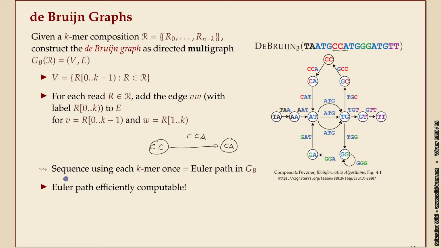Now, I should have asked you this, but it's already on the slide. In analogy to what we've previously had, there the vertices were in correspondence with the k-mers, and I needed to find a path that uses every vertex. Now the k-mers are on the edges, so I want a path through this graph that uses every edge exactly once. And that's called an Euler path.